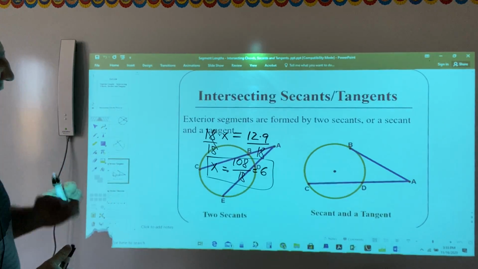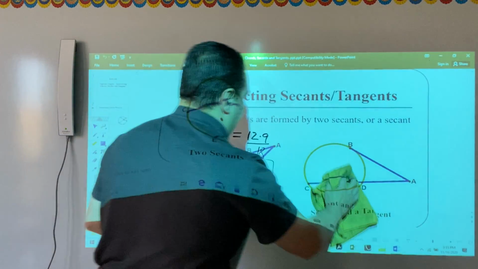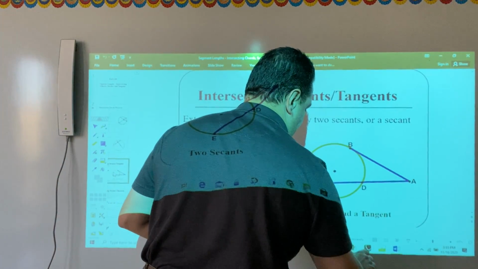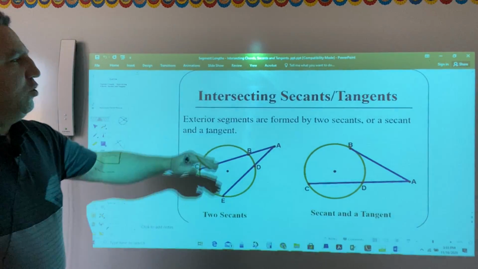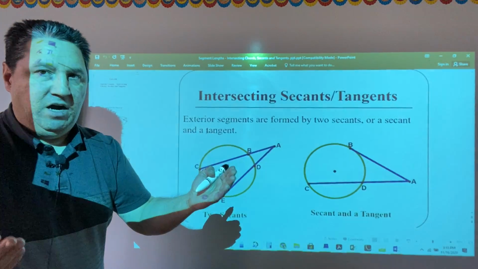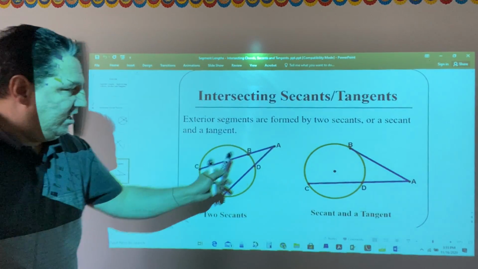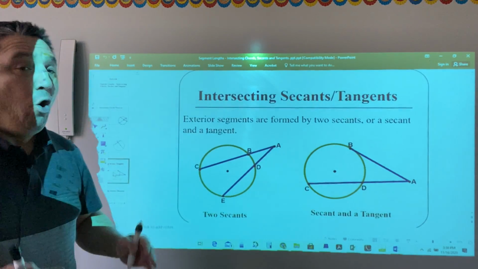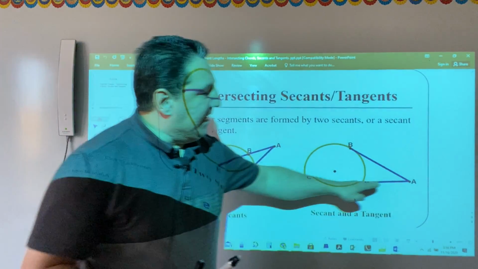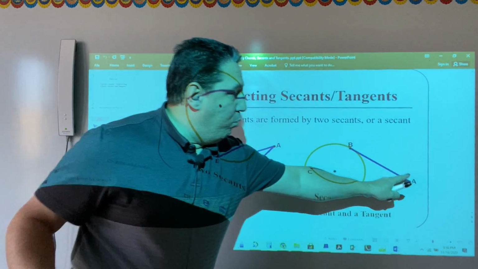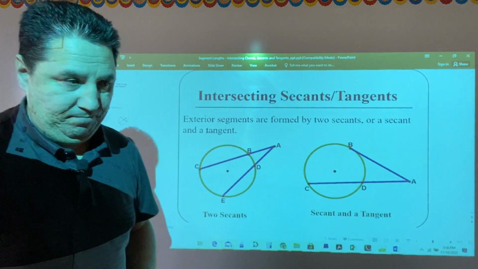Now, another case of intersection between segments in a circle is when secants are intersecting at a point outside the circle, like here, or when a secant and a tangent intersect, again, at a point that is outside the circle.